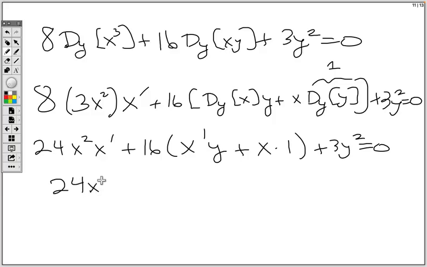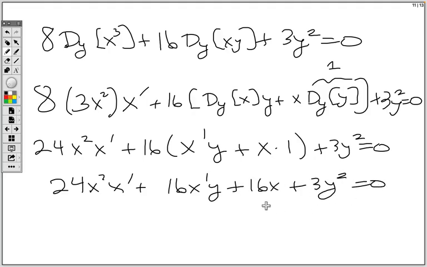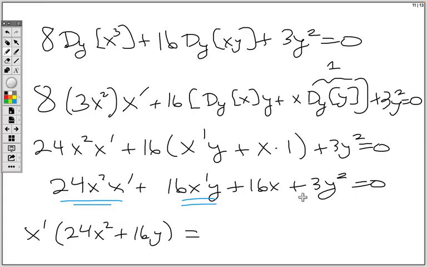So I've got 24x squared x prime plus 16x prime y plus 16x plus 3y squared is 0. Now what I want to do is gather all the x prime stuff on one side, factor out the x prime, and divide by the coefficient of x prime. So I have x prime times 24x squared plus 16y equals minus 16x minus 3y squared.